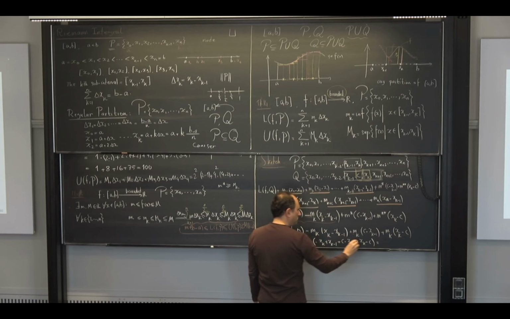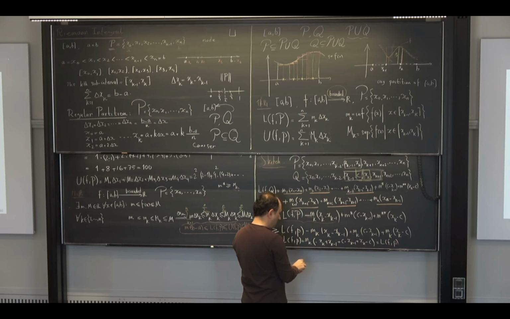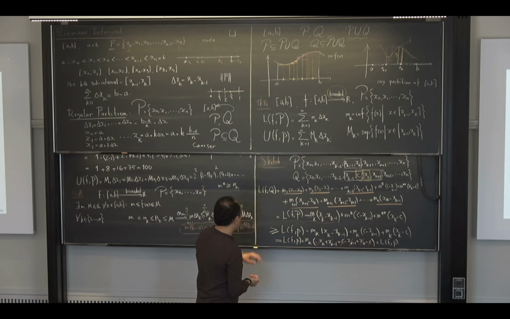I copy and paste this one, and I think we are done, are we? Because now minus x sub k, cancel that one, plus c, cancel that one, and this one, cancel that. That's equal.